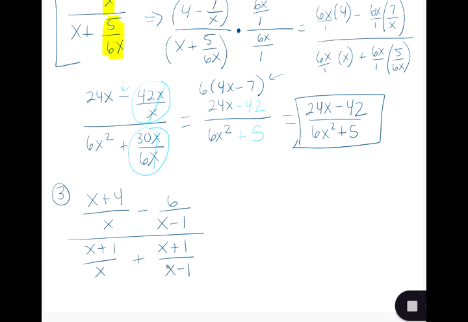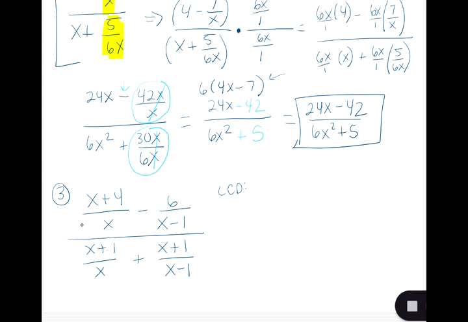It's not a single fraction over a single fraction, so we cannot use method 1 unless we combine the two fractions in the numerator and the two fractions in the denominator. So if we don't want to do that, we're going to use method 2, which is where we multiply by the LCD. And we're looking at the LCD of all 4 fractions, okay?